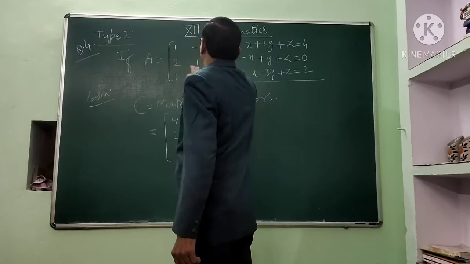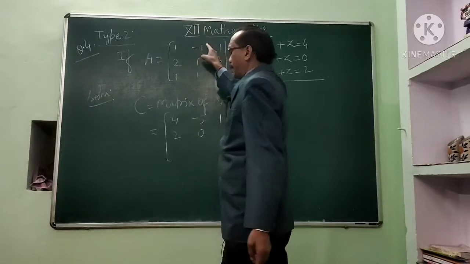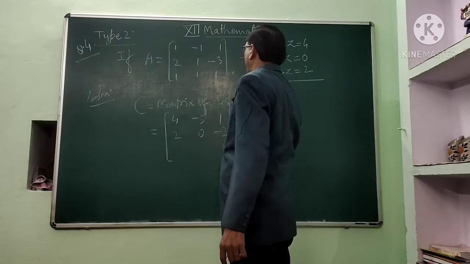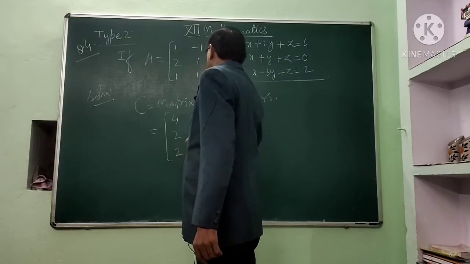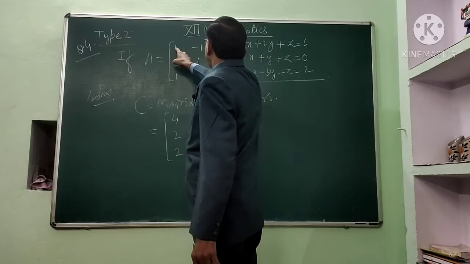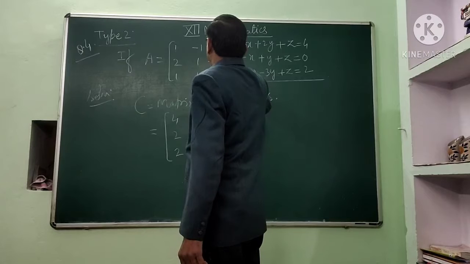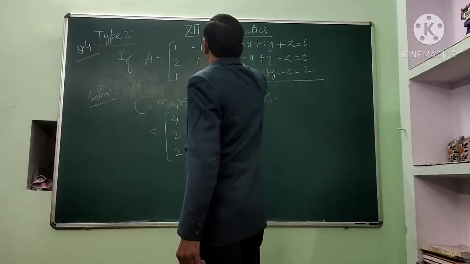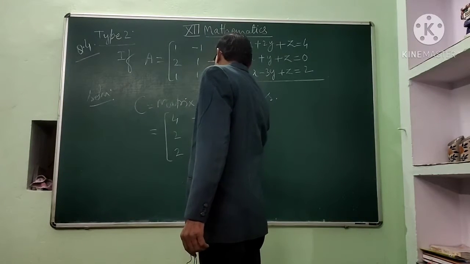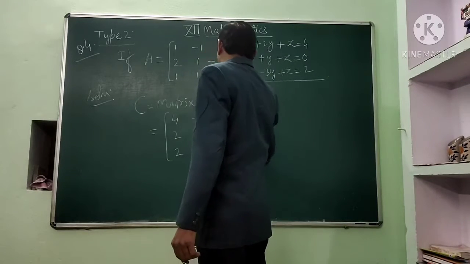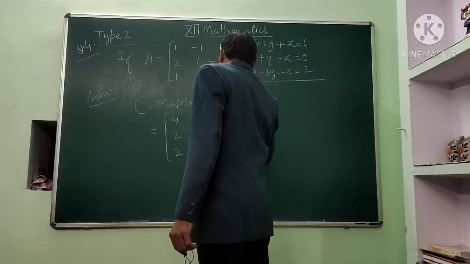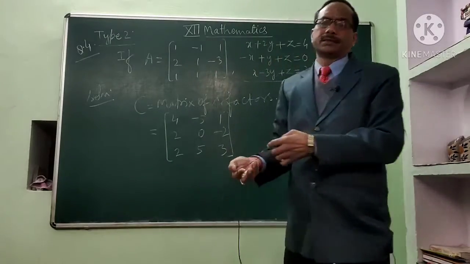Then 1 plus 1 is 2, sign change, minus 2. Then 3 minus 1 is 2. Then minus 3, minus 2 is minus 5, sign change, 5. Then 1 plus 2 is 3. It is the matrix of cofactors.